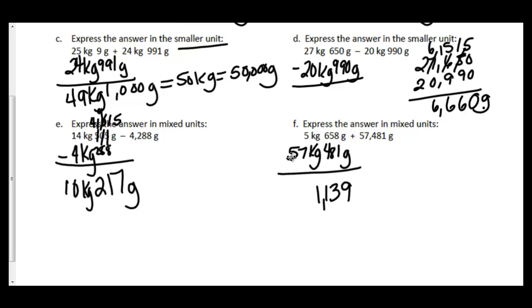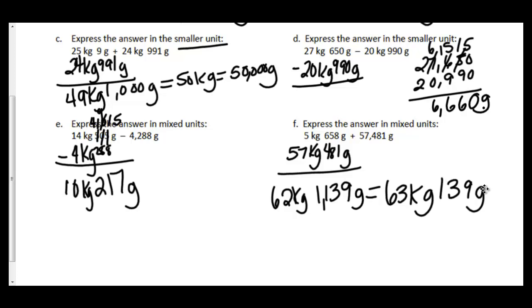And then kilograms, I'm going to have 62 kilograms. Now this is kind of an improper mixture here because instead of saying I have 1,000 grams, I should go ahead and change that to say I have 63 kilograms, 139 grams.